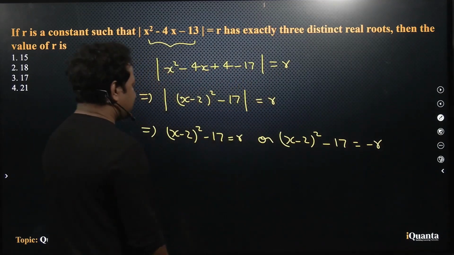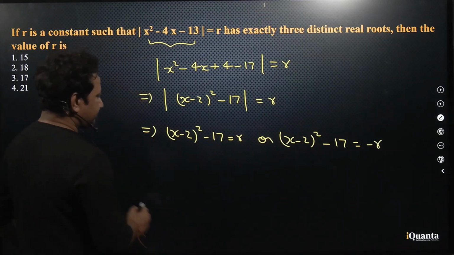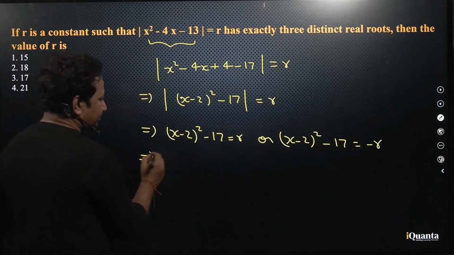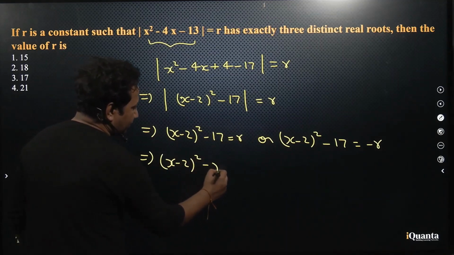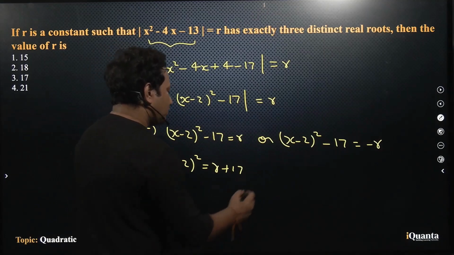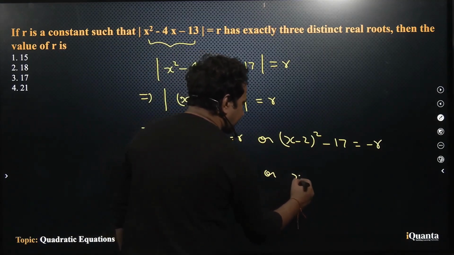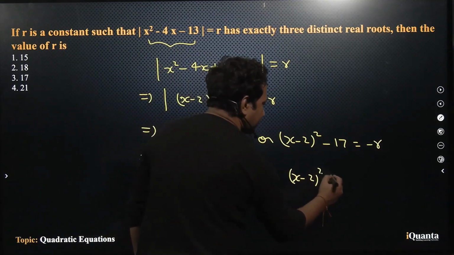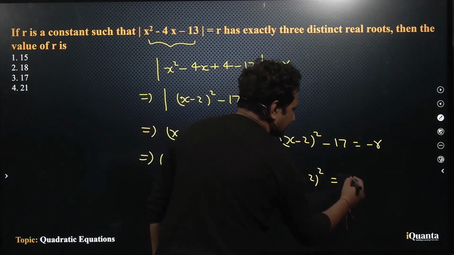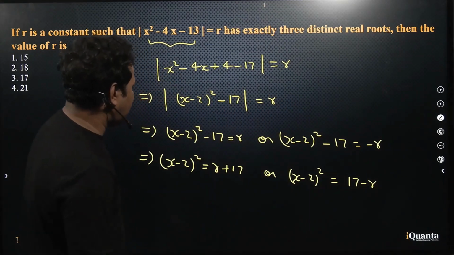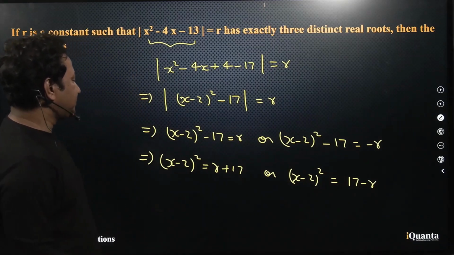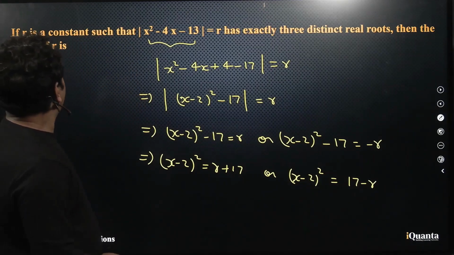Let us solve them. x minus 2 whole square is equal to r plus 17, or x minus 2 whole square is equal to 17 minus r.